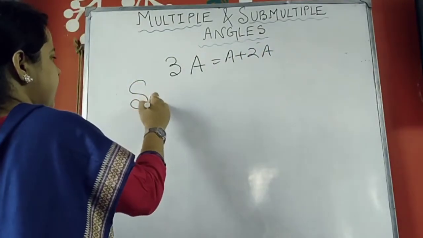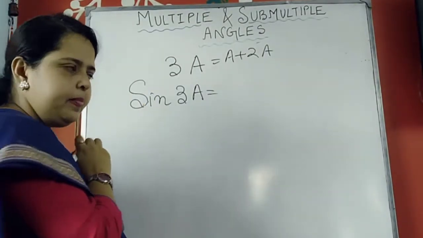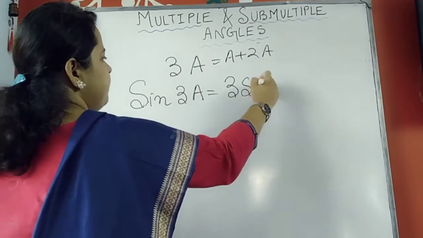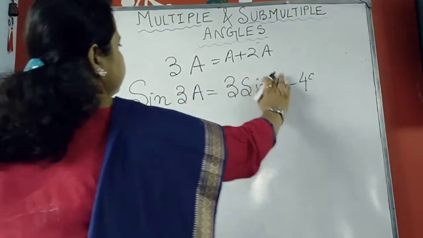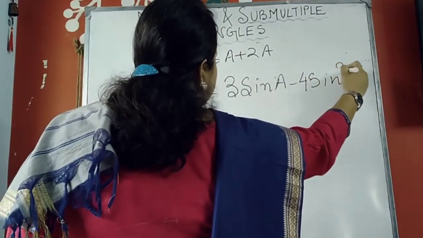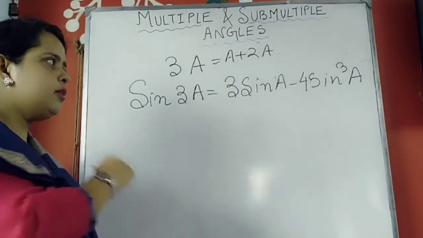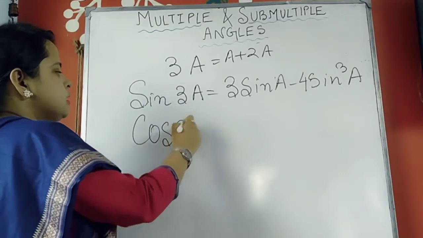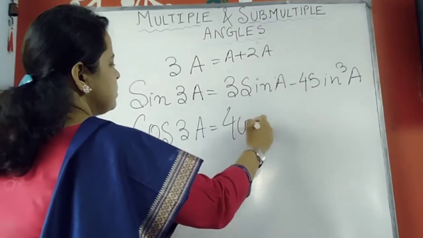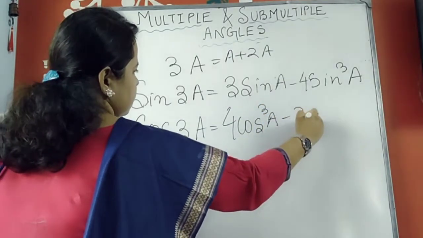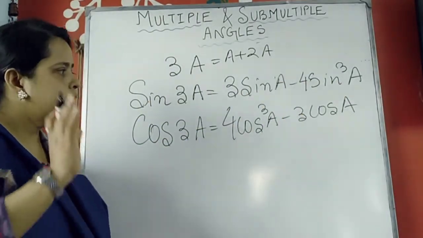By that we can find the value of sin 3A, and that is 3 sin A minus 4 sin cube A. And cos 3A is 4 cos cube A minus 3 cos A.